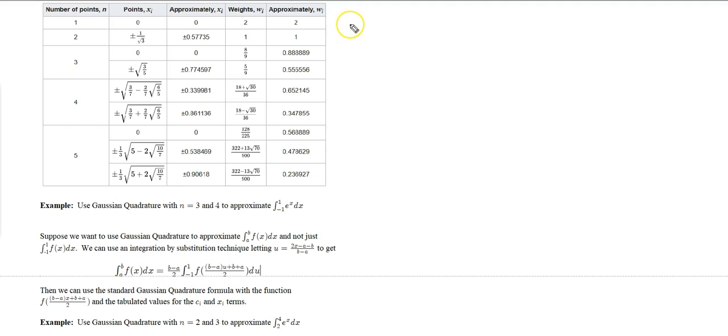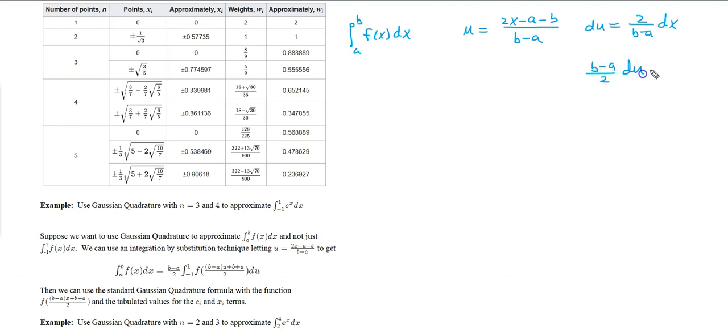If we start out with this integral, and we do a u substitution, say we let u equal this. Now notice from this the du is going to be, or moving the 2 over b minus a over to the other side, we get that.